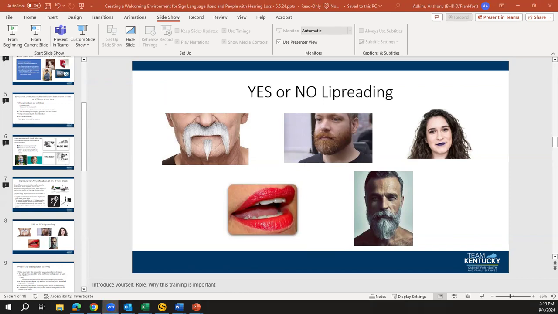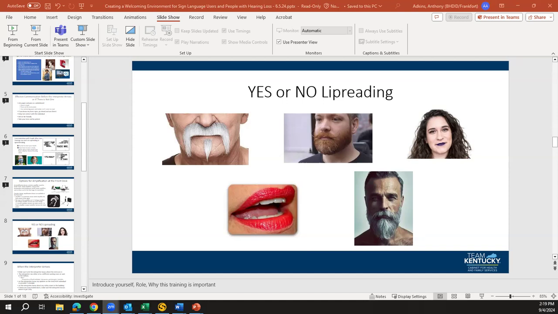Okay, I'm seeing the answers come in. Some are saying yes, you can. One person has said no. So the gentleman with the red beard in the top center image, unfortunately, I would say no, he would not be easy to speech read. But I have asked a couple of other individuals with hearing loss who do a lot of speech reading, and they say for him it would depend.